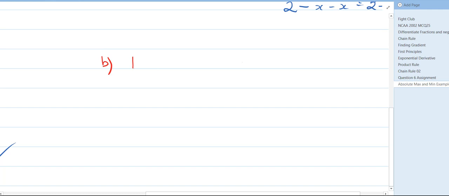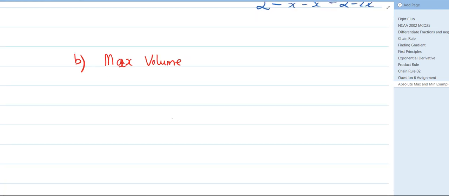So how to find the max volume. Well, think about it. If I asked you to draw a graph, this is what we're going to have.